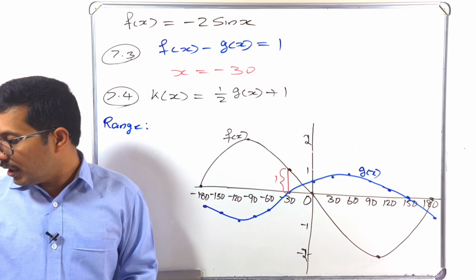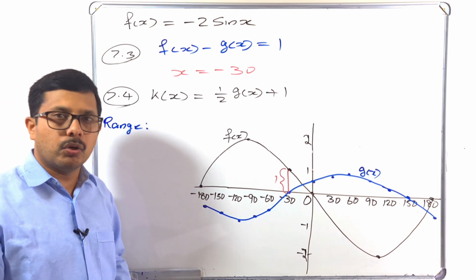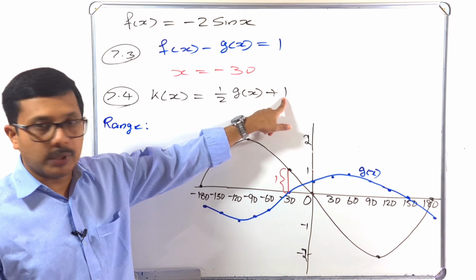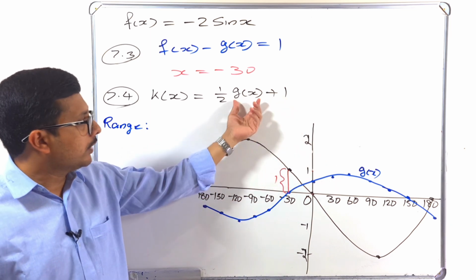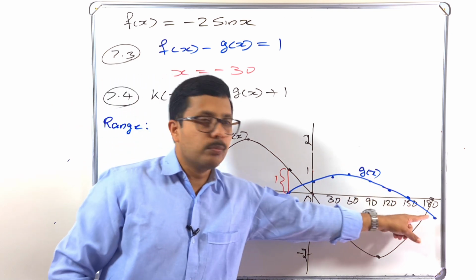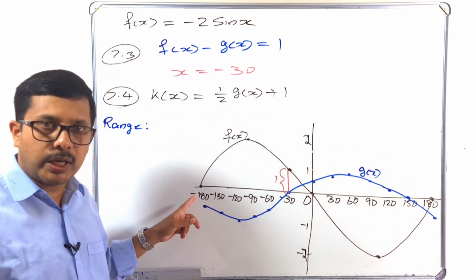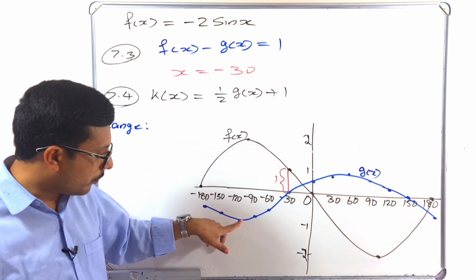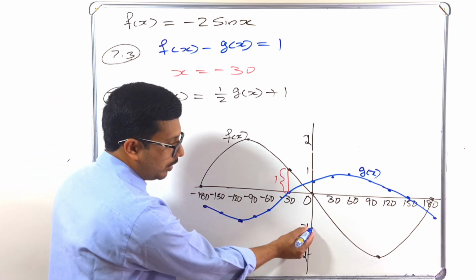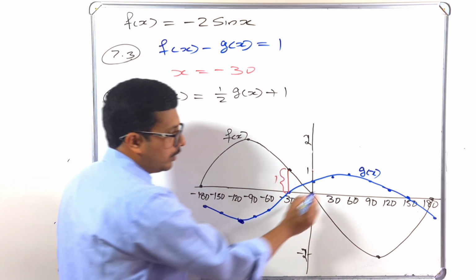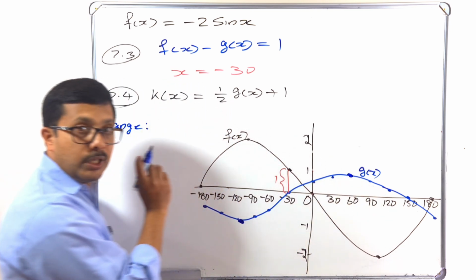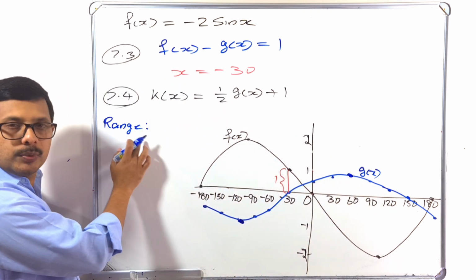So here the question is, what is the range of k of x equal to half g of x plus 1? Okay. So actually, what is this g of x? This blue graph is our g of x. For that blue graph, what is the minimum value? Here you can see that this point is the minimum value, and this point is the maximum value. Range means possible y values.